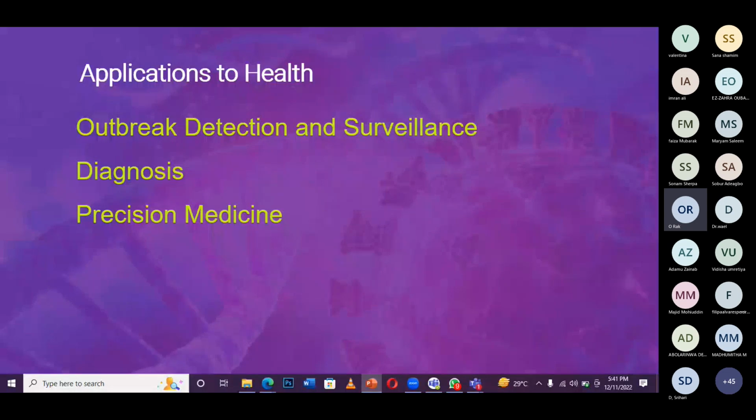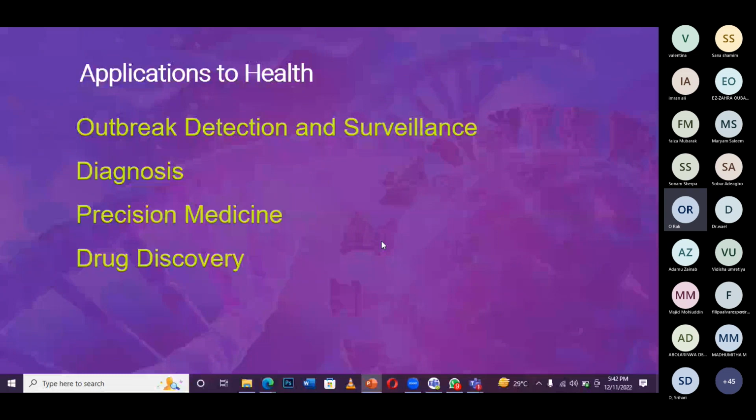What was the first antibiotic that was made? Who can tell us in the chat room? Penicillin. Amazing. And where do you think penicillin was gotten from? Fungi. Fungi. Penicillin. Okay.